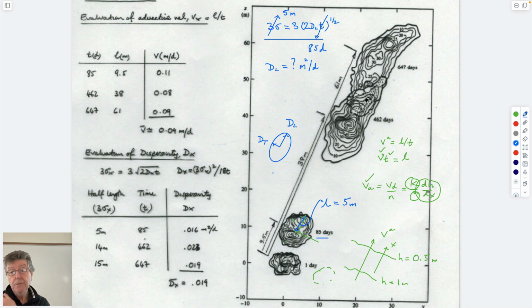Not much different, but certainly after a year and a quarter, and certainly after almost 2 years, then the longitudinal dispersion is much greater than the transverse dispersion. So you'd expect the magnitudes to come out of this to be different values in some form of ratio as a square root of this.